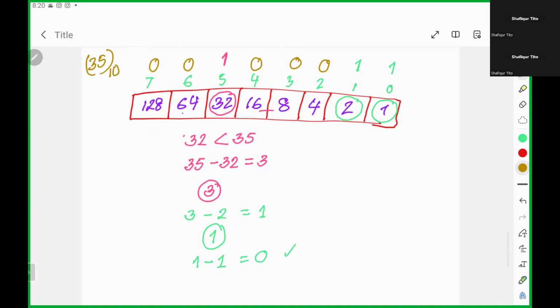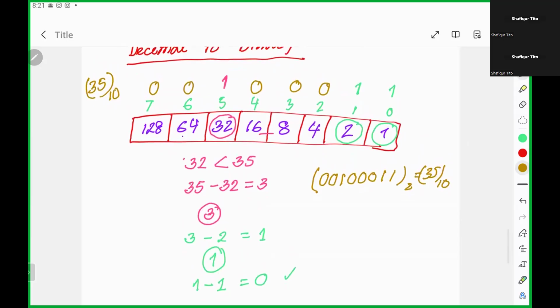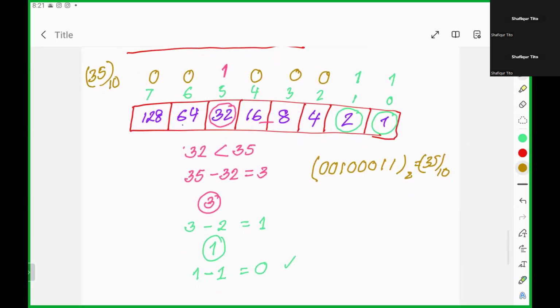So what is the 8-bit number corresponding to this? 0, 0, 1, 0, 0, 0, 1, 1. That is my binary number, equivalent to 35 of base 10. All right. So I think this is clear.